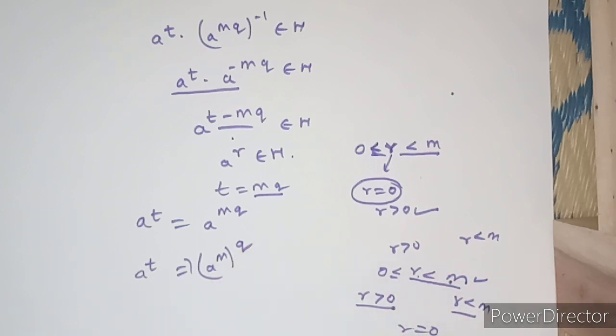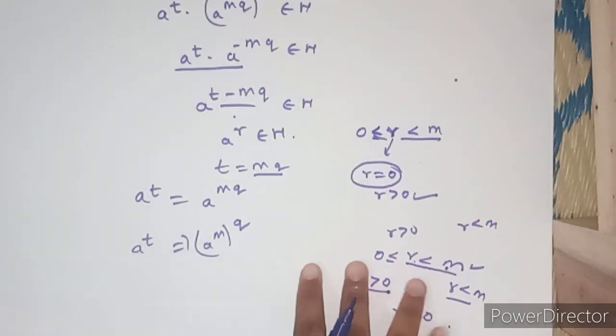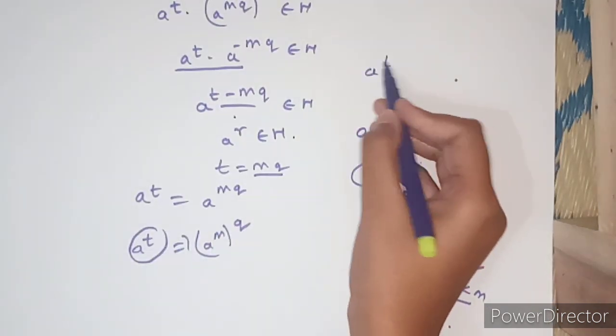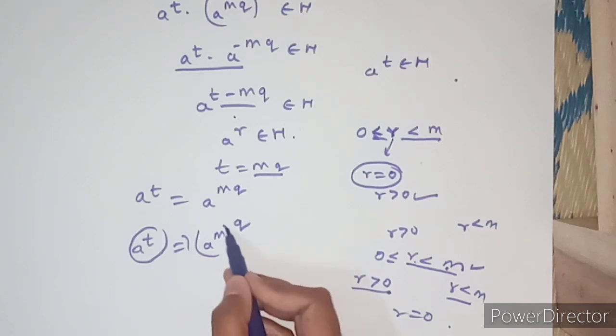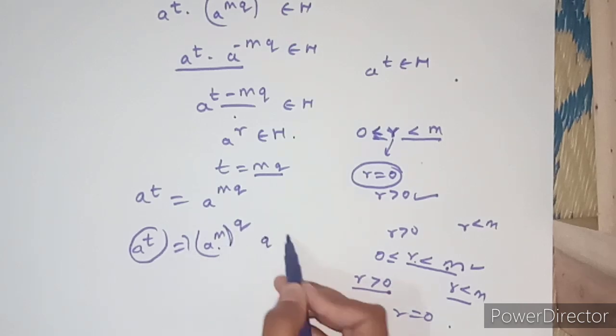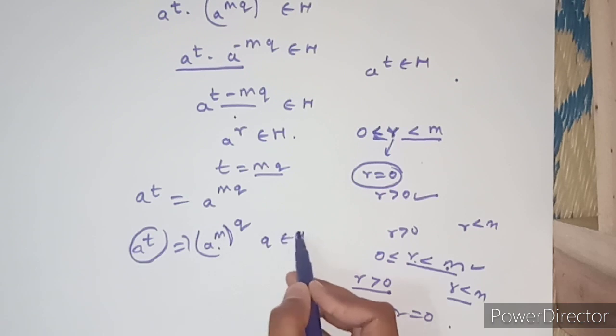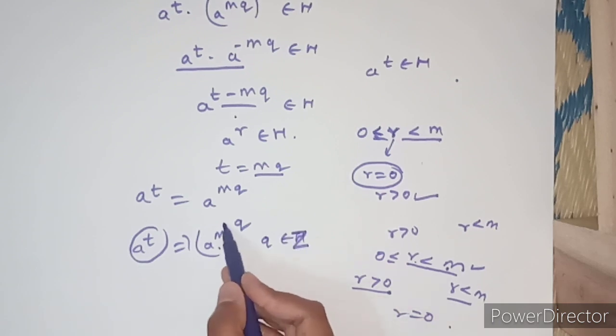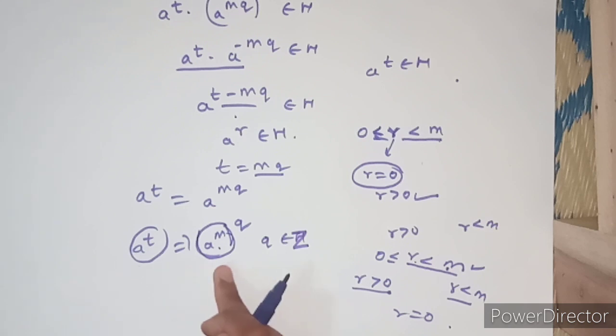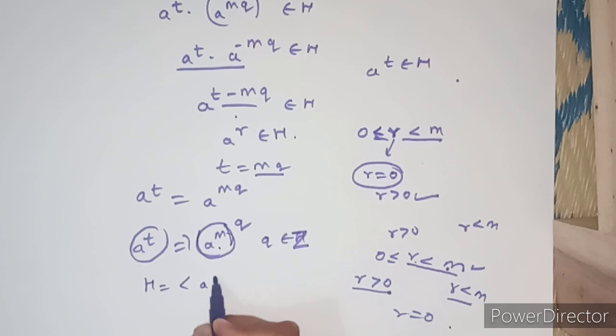If the group is cyclic, then every element of the group is equal to an integral power of the generator, right? So we have considered a^t belongs to H. Then a^t is equal to an integral power of a^m, that means here q belongs to the integers. Here a^t is equal to an integral power of a^m, that means the generator here is a^m, right?